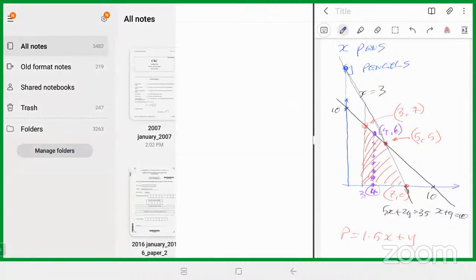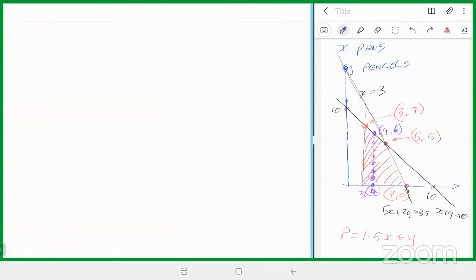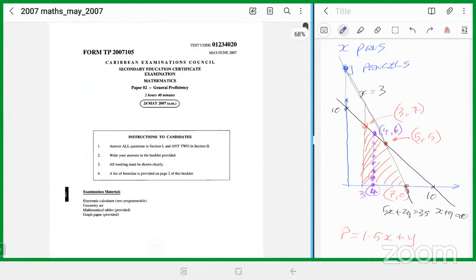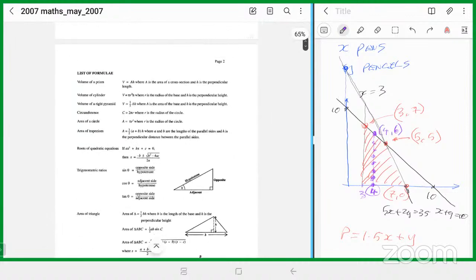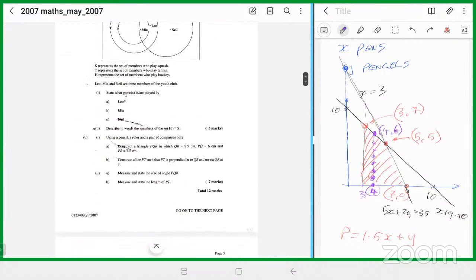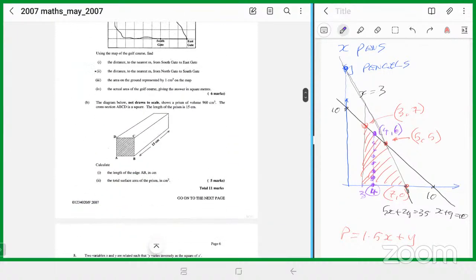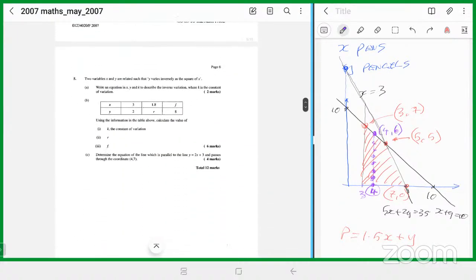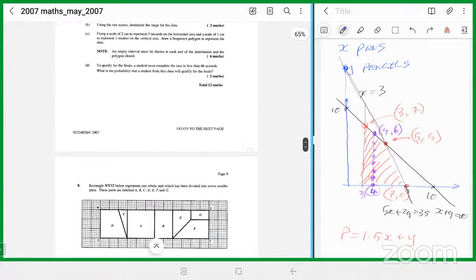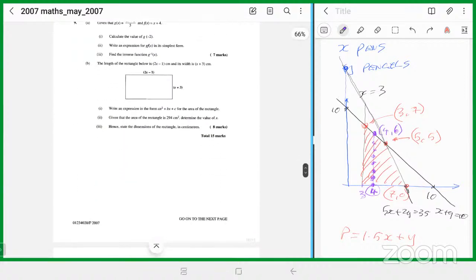So this says June 2007, but it was actually 2006. Let's look at it. See here? It's 2007. Let's see if it's this one I want to show you. Just want to show you different ways that they set the questions sometimes.